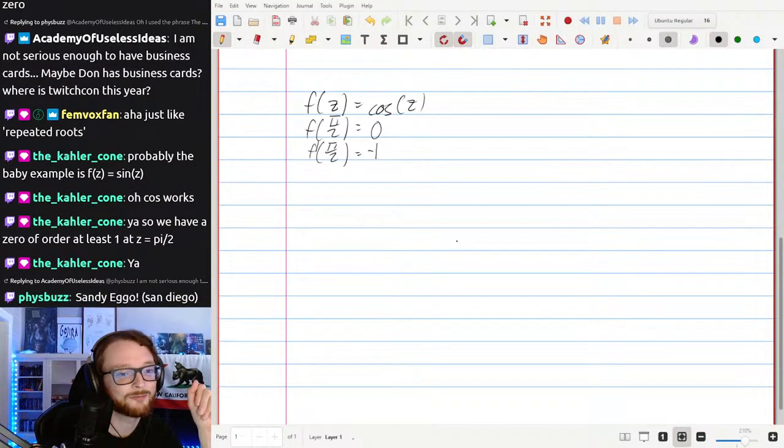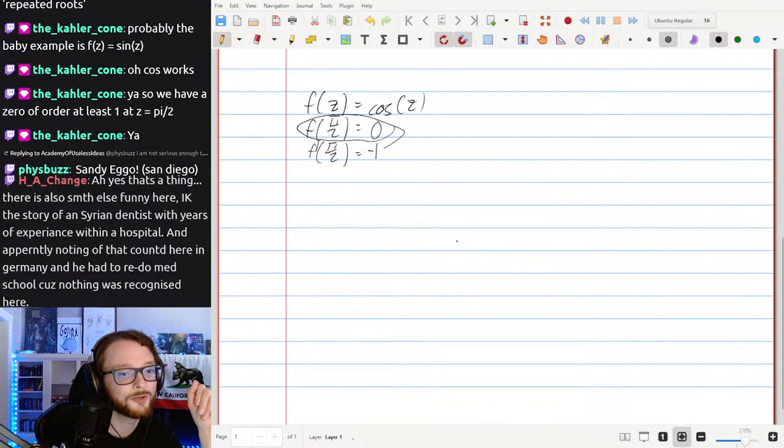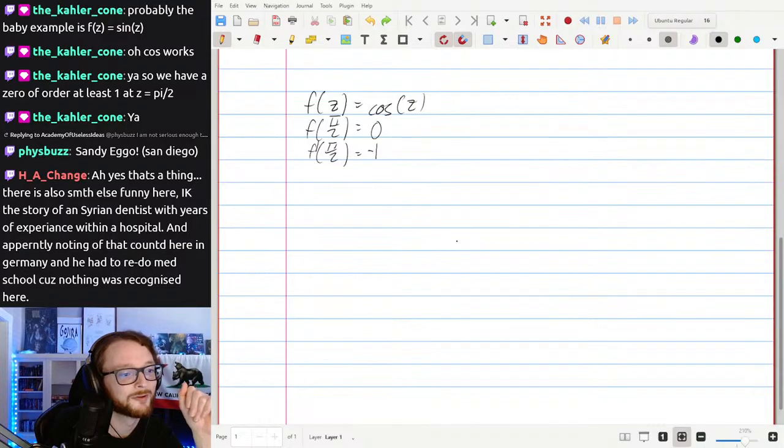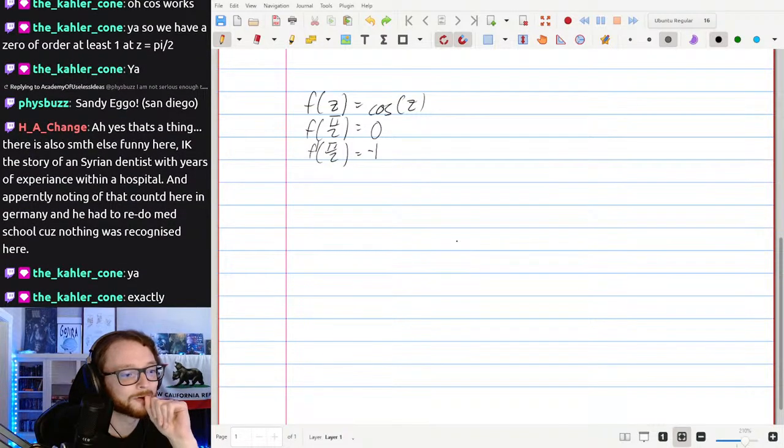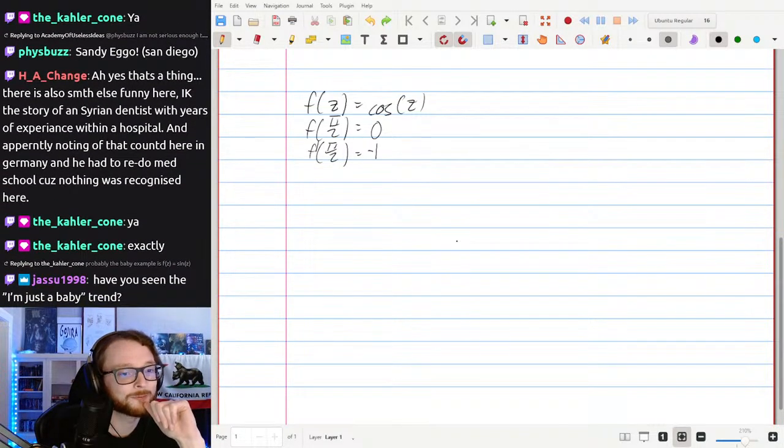And that's enough to conclude that the order is 1? Okay, I've never heard of that before. I can maybe see an argument for it from power series.